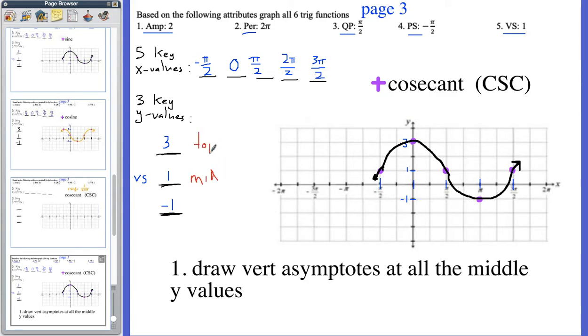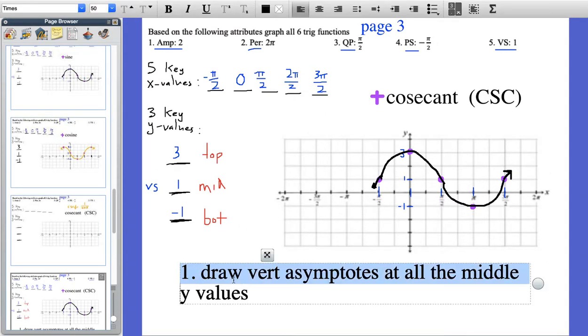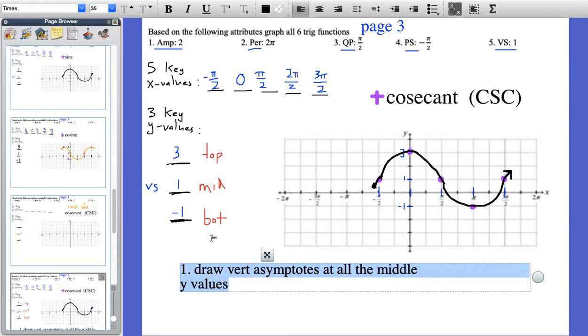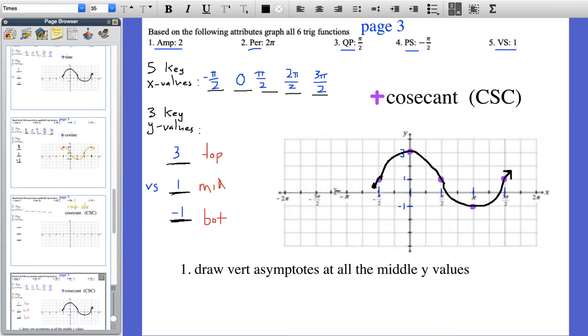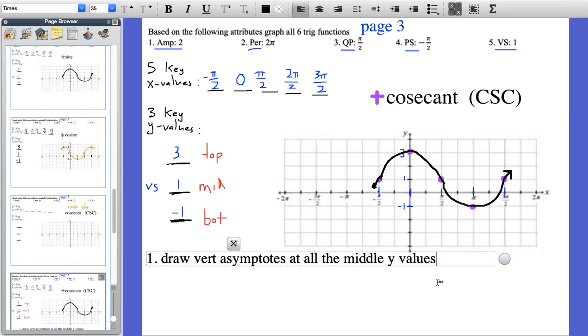3 would be the top one, and -1 would be the bottom one. So what I mean by vertical asymptotes at all the middle y values is we want to literally draw a vertical asymptote at the middle y values. So let's do that.